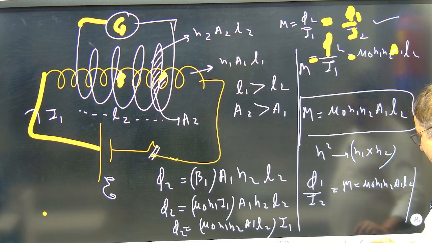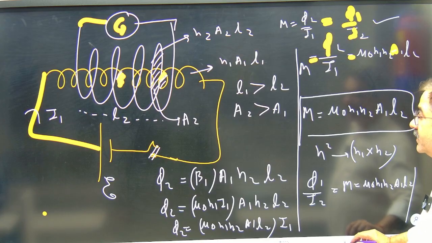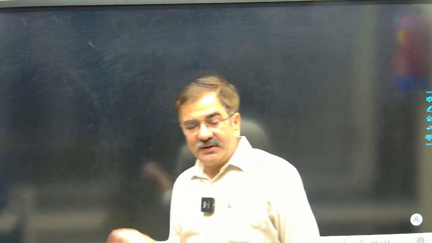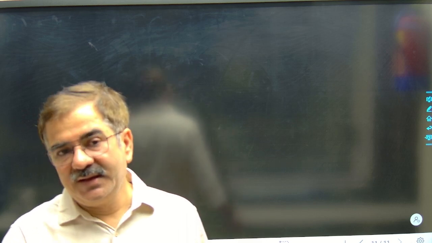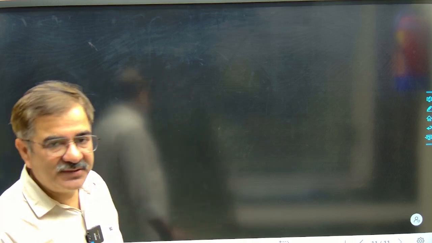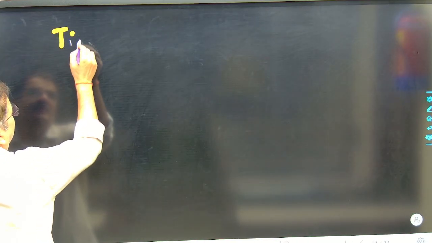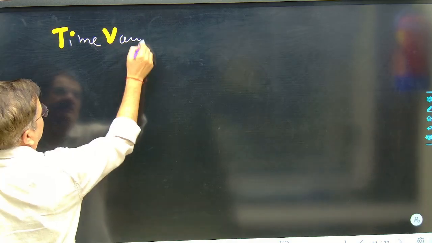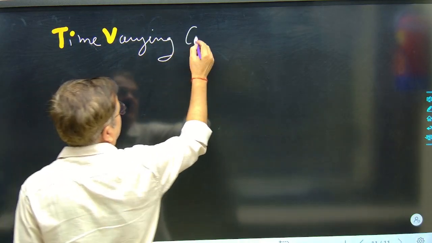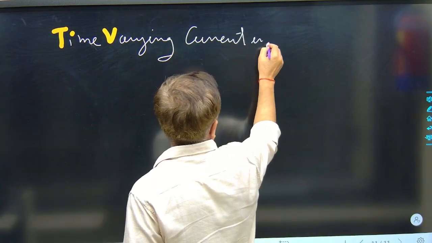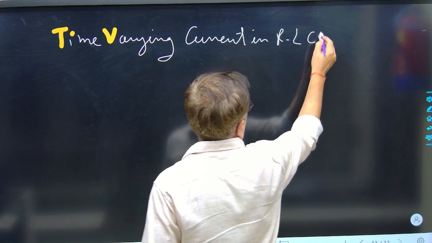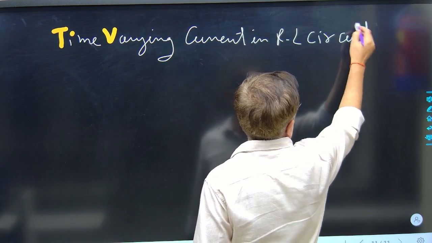I have defined self inductance, mutual inductance, energy, power, and energy density, so this value can be used. Now, along with the flux linkage, I will also look at time varying current in an RL circuit. This concept we can also see.